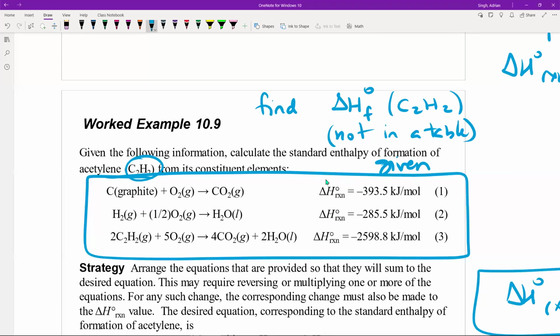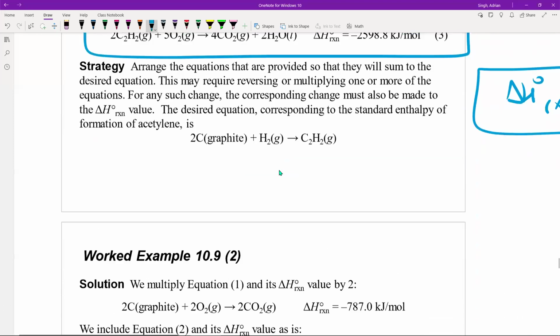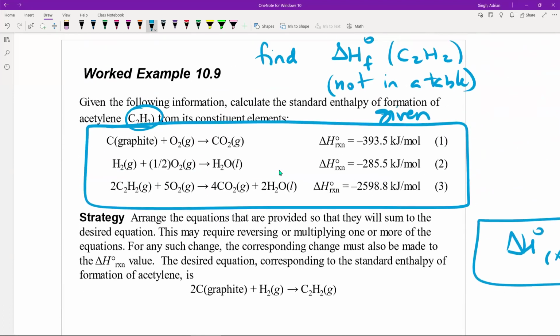So what we need to do is to actually determine what equation or what process represents the formation of acetylene, C2H2. And again, the way that we define the standard enthalpy of formation is the formation of 1 mole of that thing, from its constituent elements in their standard state.